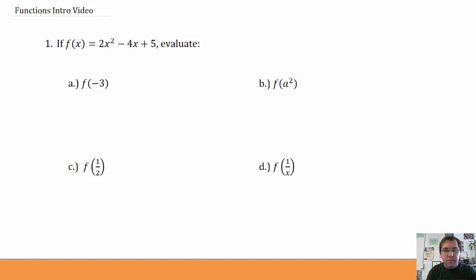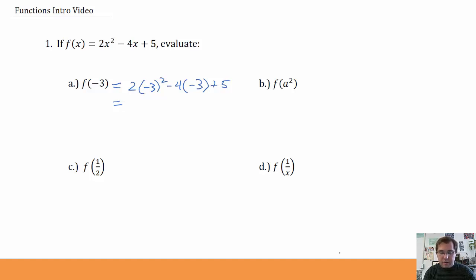So f of negative 3 simply means I'm going to do 2 times (negative 3) squared minus 4 times negative 3 plus 5. Notice the negative 3, which was getting plugged in for x, gets squared. So I usually write it in parentheses like that when it's being raised to a power so that I know the negative is raised to the power as well.